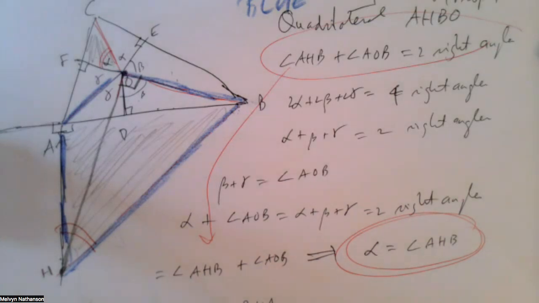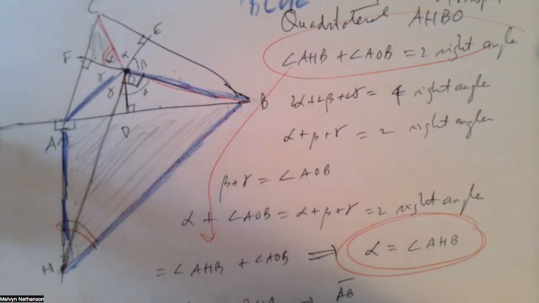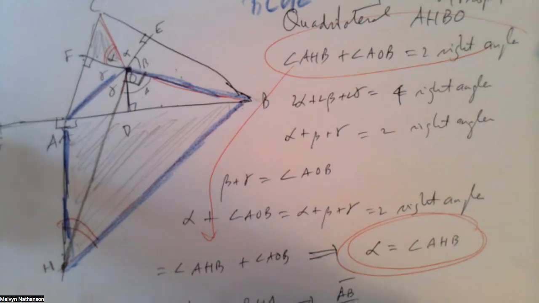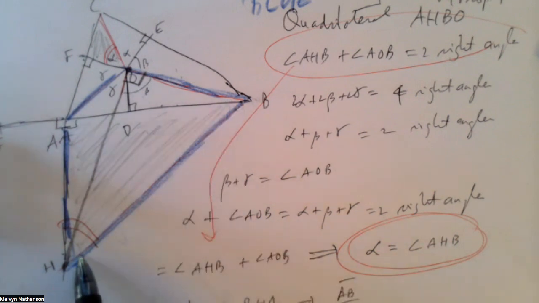So similar triangles have sides that are proportional. So the ratio of the side AB to AH. This is AB. It's the side of the triangle opposite alpha.